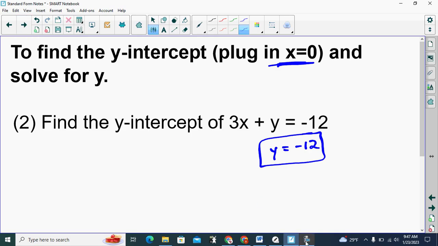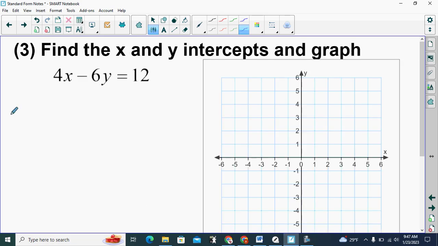Number 3 asks us to find both the x and the y-intercepts and graph. Find the x-intercept, find the y-intercept, and use that information to draw a graph. And the equation that's given says 4x minus 6y equals 12. So let's start by finding the x-intercept.